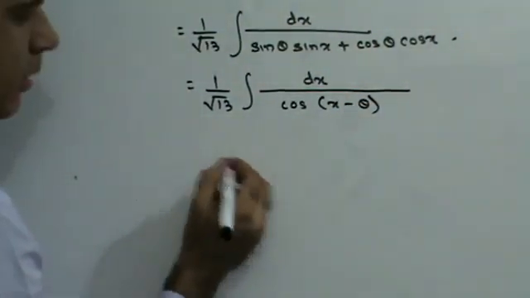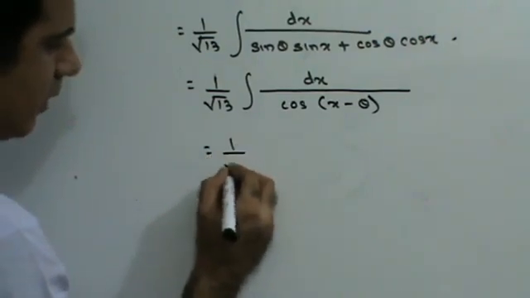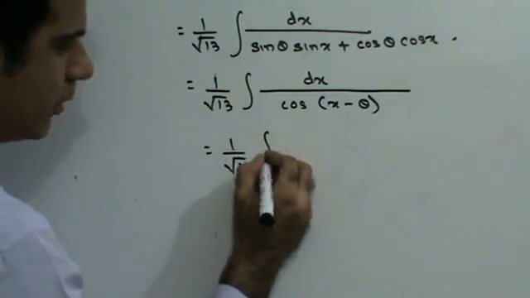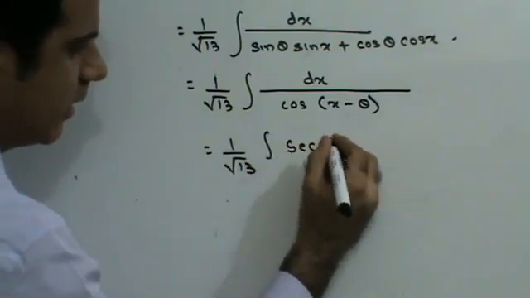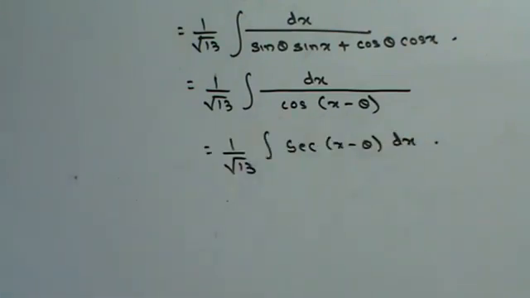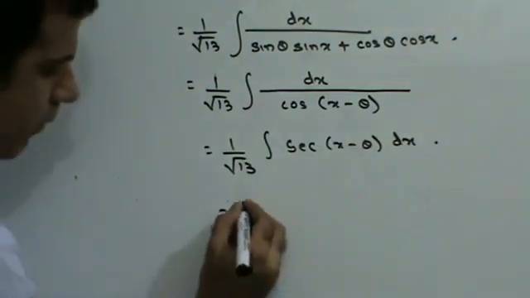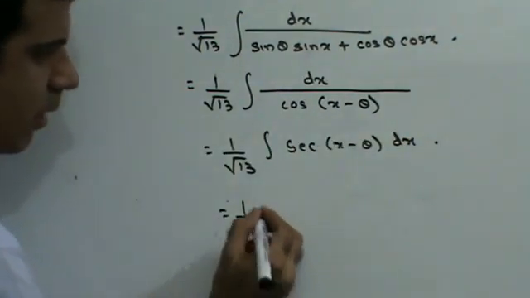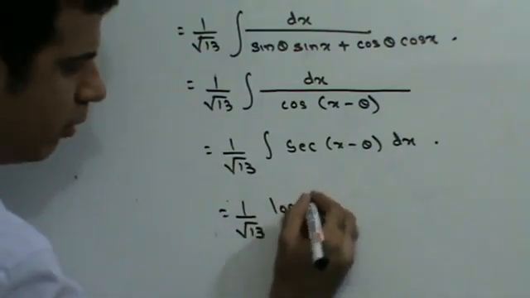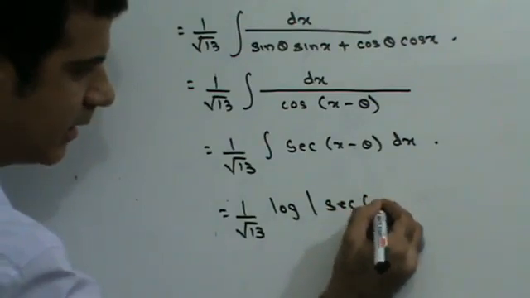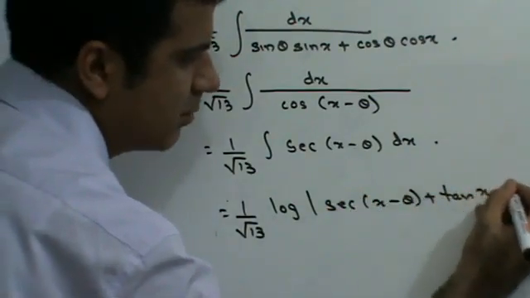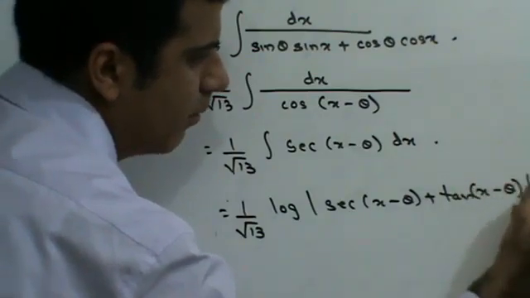Right? Now this can be written as 1 by root 13 integral of 1 upon cos, which is nothing but sec (x minus theta) dx. Integral of sec theta is log mod (sec (x minus theta) plus tan (x minus theta)) plus c.